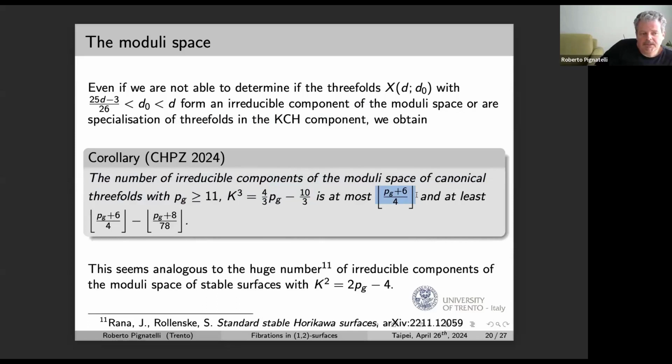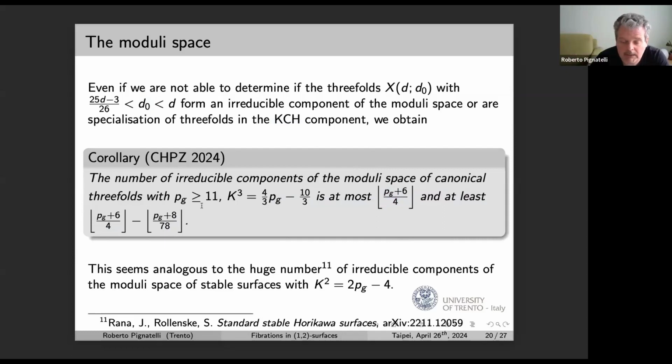Because if I could extend this theorem to also this d0, where I don't really know if the strata form irreducible components or go to a specialization of this component, and if they were also irreducible components, as I in fact imagine, then the number of components would be exactly this number, which is nicer. Otherwise, it could be a little bit less. But still, we have a lot of components, and we essentially know all of them.